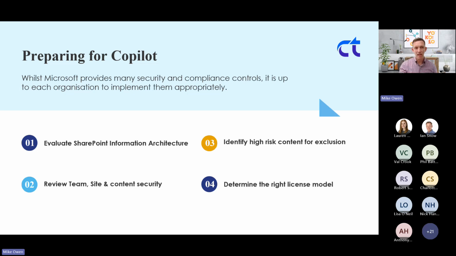And that also extends to using metadata tagging. If you're not familiar with metadata tagging, it's effectively like hashtags in social media. How would I describe this piece of content? It could be a report, but what's the topic of the report, or what's the reporting period for that report?